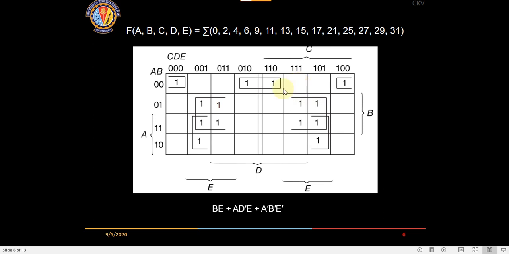Is it understood? M0, M1, M2, M3. Then you start from here, from right to left: M4, M5, M6 and M7. Then M8, M9, M10 and M11, M12, M13, M14 and M15.